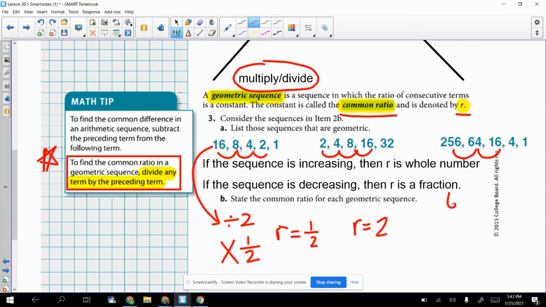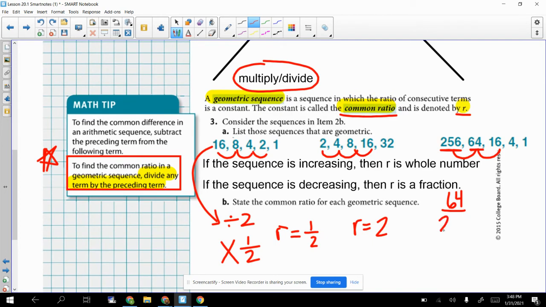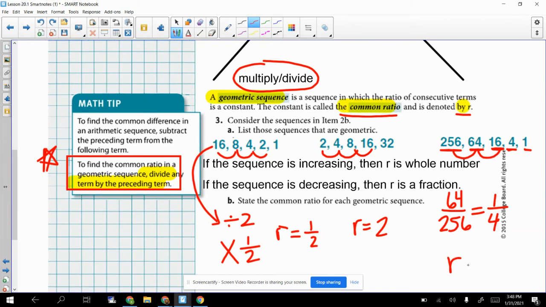So what you could do here is technically 64 divided by its preceding term, which is 256. And when you simplify that, you're going to get 0.25 or 1/4. Same idea, if you did 16 divided by 64, or 4 divided by 16, or 1 divided by 4, you would get 1/4.